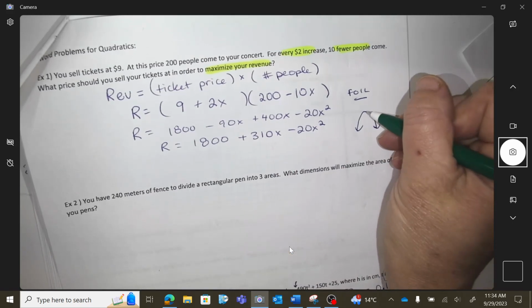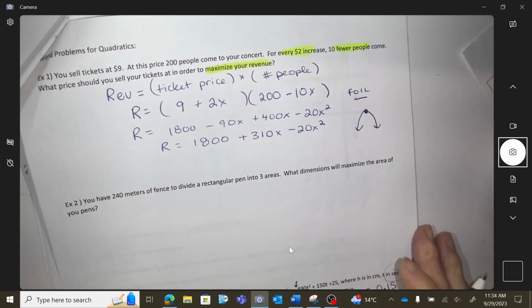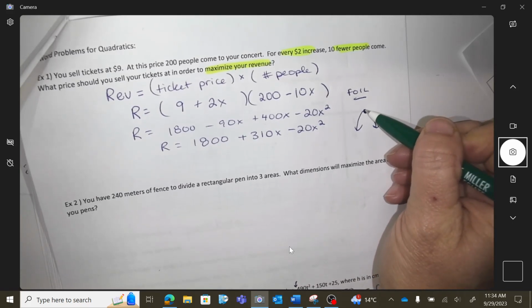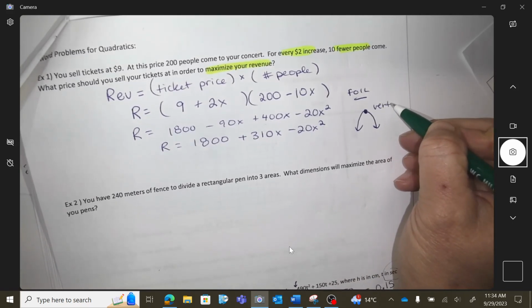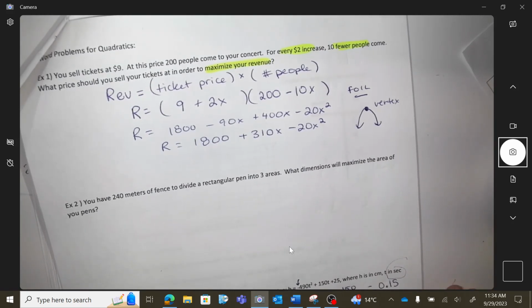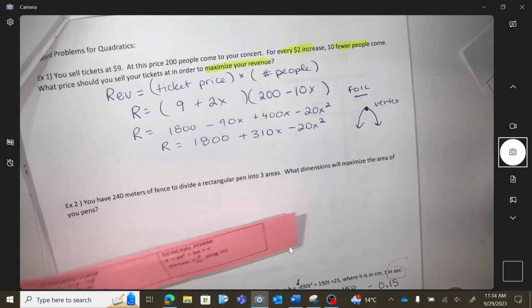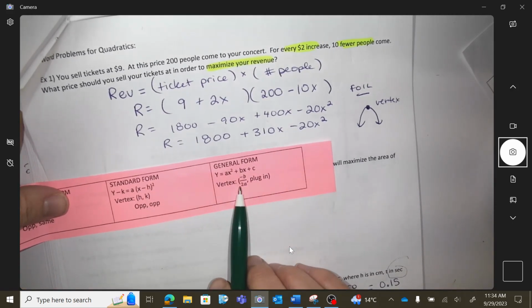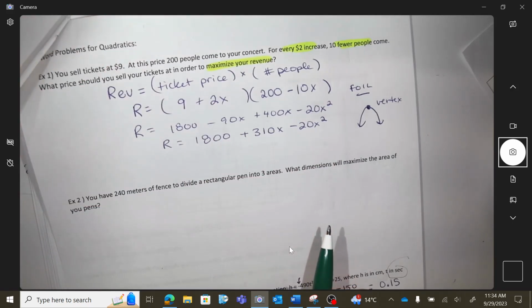How would we find the max? What special point is this called? A vertex. Okay, so how do you find the vertex when your equation looks like that? What's your strategy? Negative b over 2a, plug in.